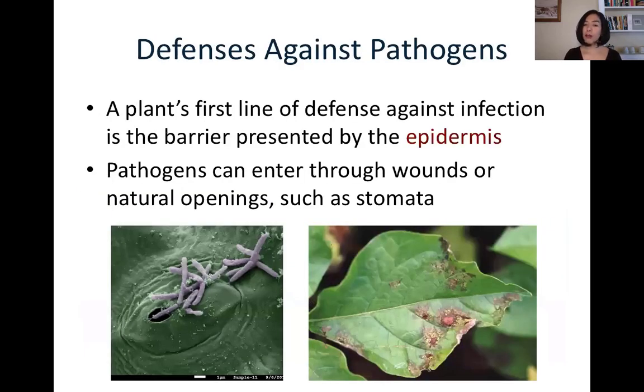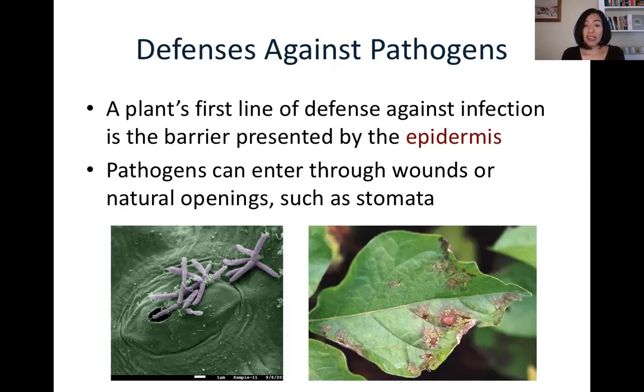But all of them have the first line of defense. All of them share that, and that is really the epidermal level. So the epidermis is this tissue that acts as a barrier, and so any pathogen will have to go through this epidermis in order to get inside the plant, right?